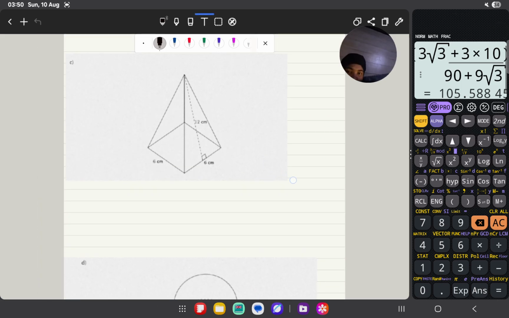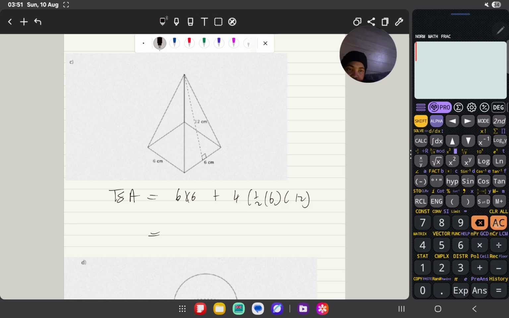On this side we have a square-based pyramid. The TSA will be the area of the base, which is 6 times 6, plus 4 times half base, where the base is 6, times the perpendicular height of 12.